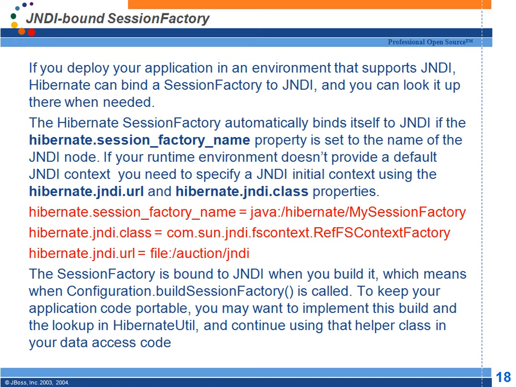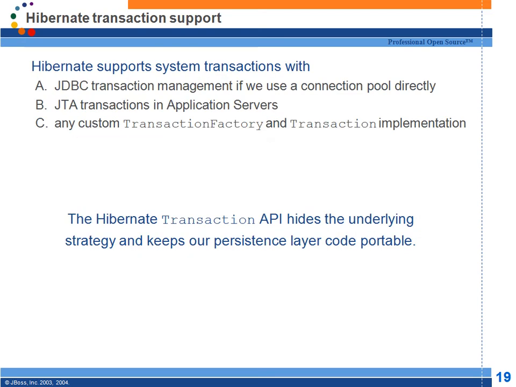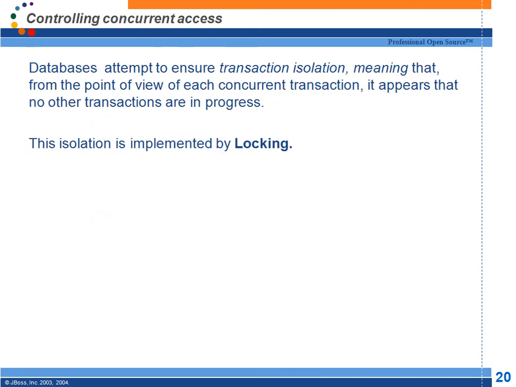This is how to create a session factory bound in JNDI. Hibernate.session_factory. If you create a jar file and keep it inside this application server, it works automatically. That's about it. We already talked about this.